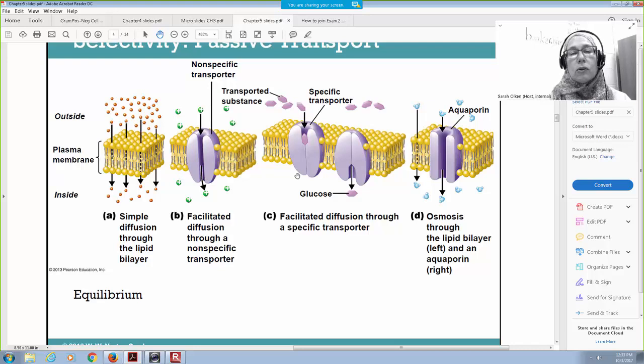They're channels that can be selective based on charge, or protein transporters that are carriers of molecules, and they only carry one type of molecule because of specific interactions between that molecule and the transporter.